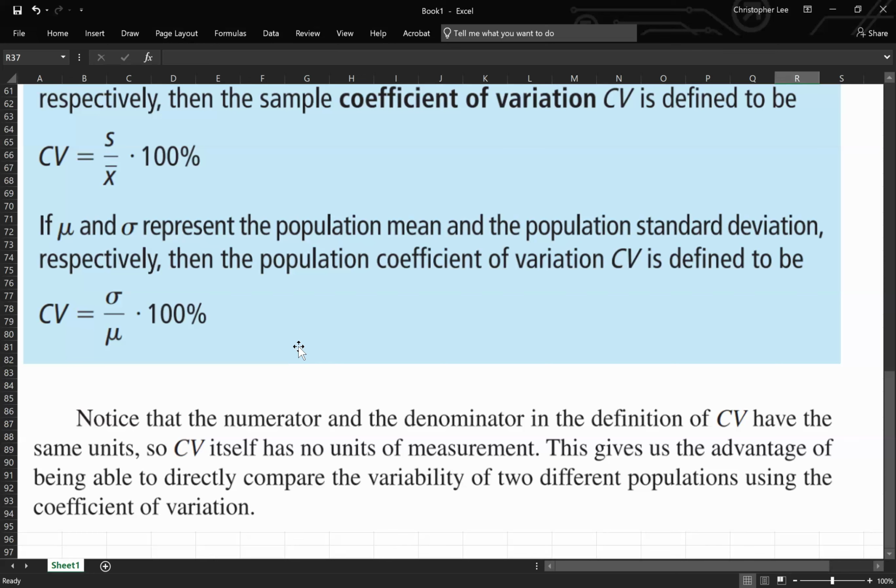The populations of Bronx and Fordham, they're different. It's like they're different samples. So how do I compare them? I use this to compare them. So that's that.